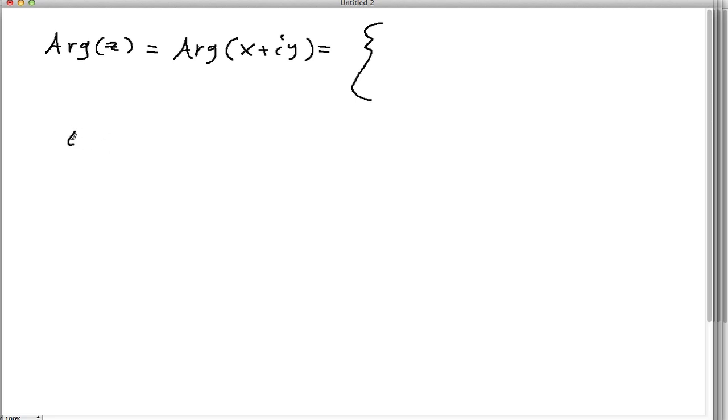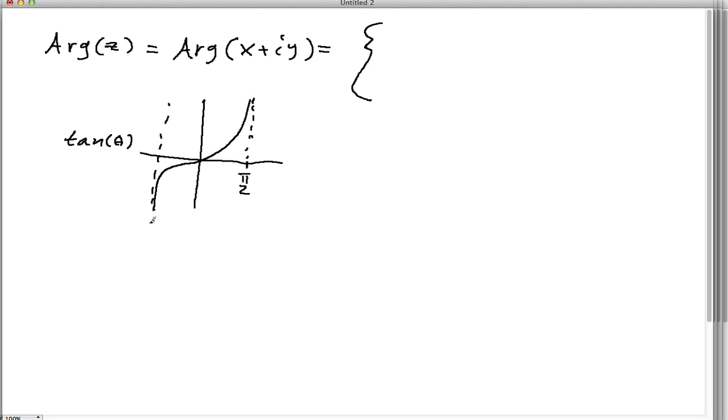Tangent of theta is a function that goes like this, and at pi over 2 it asymptotes to infinity, and also at negative pi over 2 it asymptotes at infinity. Likewise, inverse tangent goes like this.